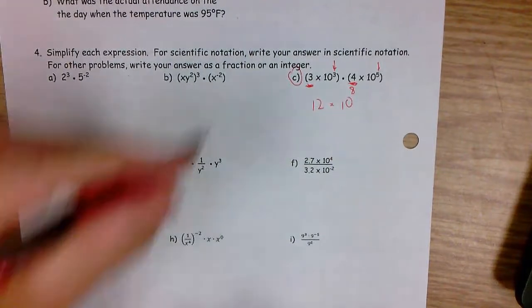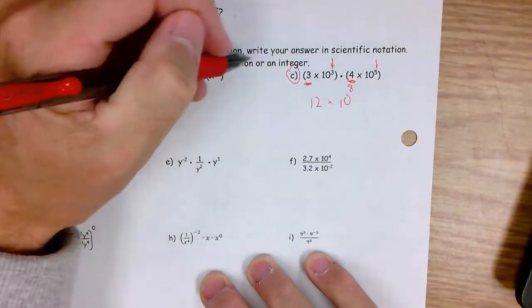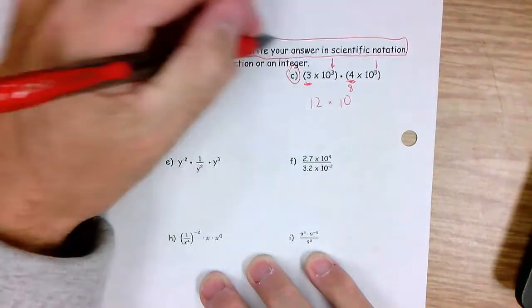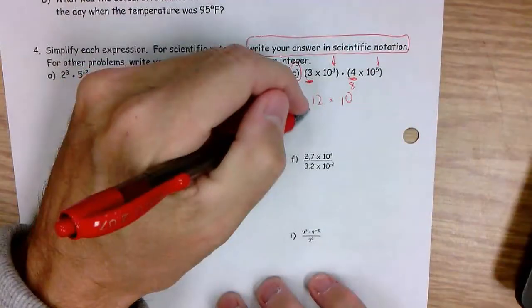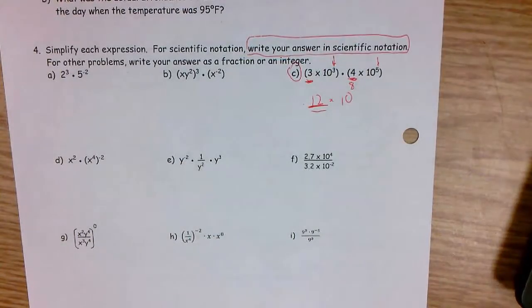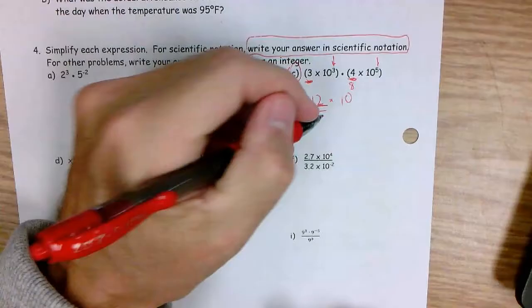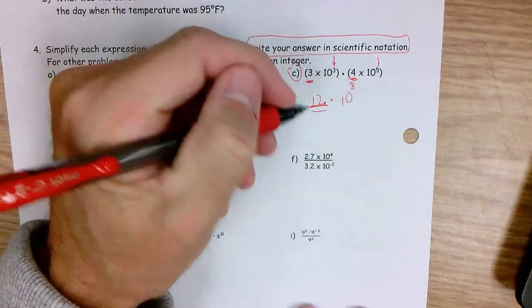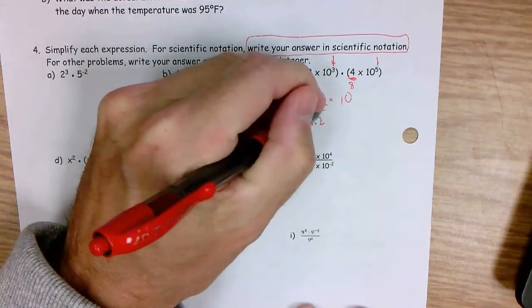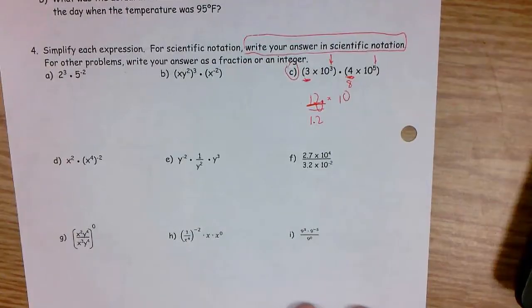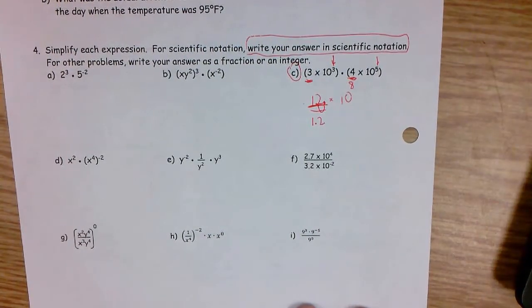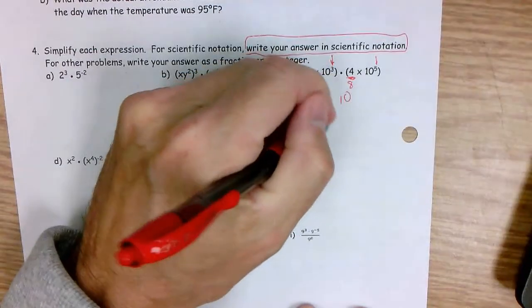The problem is, that answer is not in scientific notation, because this number has to be between 1 and 10 for it to be in scientific notation. So then you would take the decimal in the number 12, and you would move it one spot so that it's between the two numbers. It'd be 1.2 instead of 12.